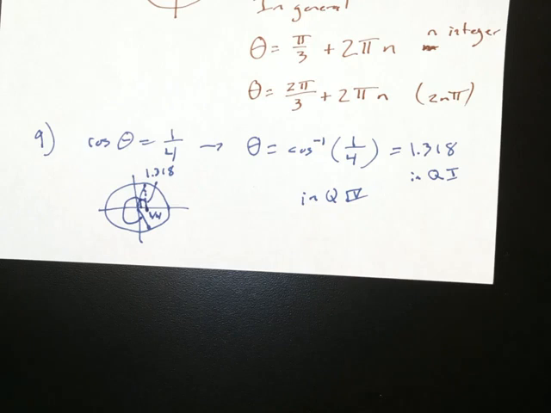This is a reference angle question. Is it 2 pi minus 1.318? Exactly. It's the whole circle, take away the 1.318 that we folded down.